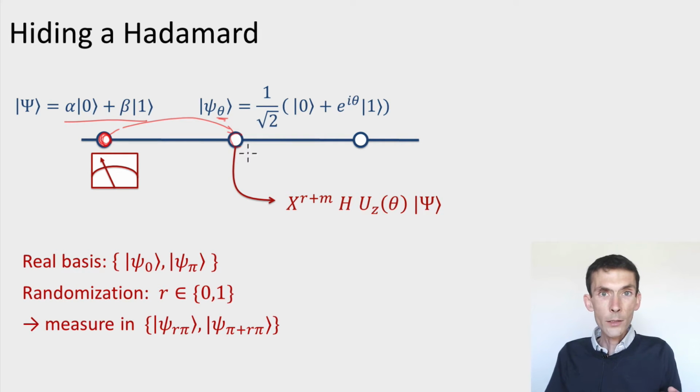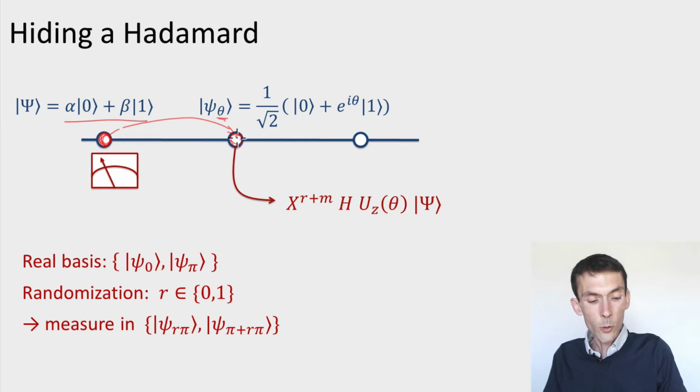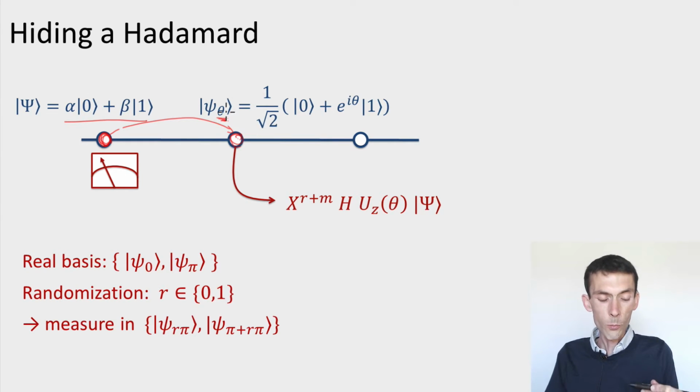Now, in order to hide the fact that we're implementing a Hadamard, we're going to do two different things. The first thing is that this qubit is not initialized in a plus state, but in one of these psi theta states for an angle theta that we, the verifier, know, but the prover doesn't know. The controlled Z has been applied.